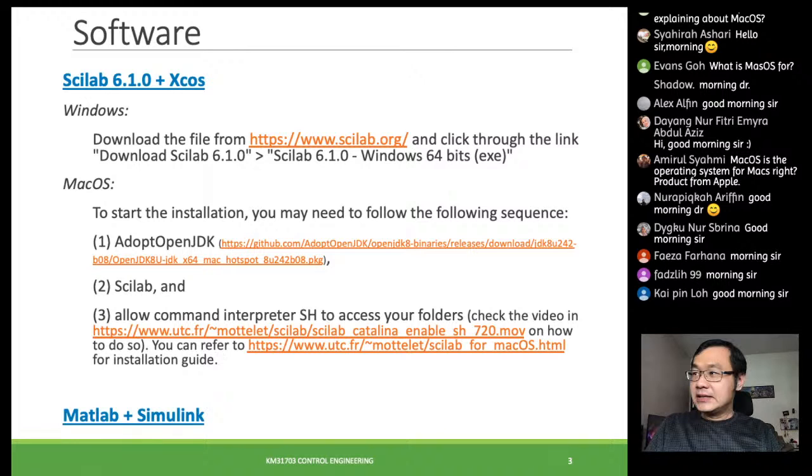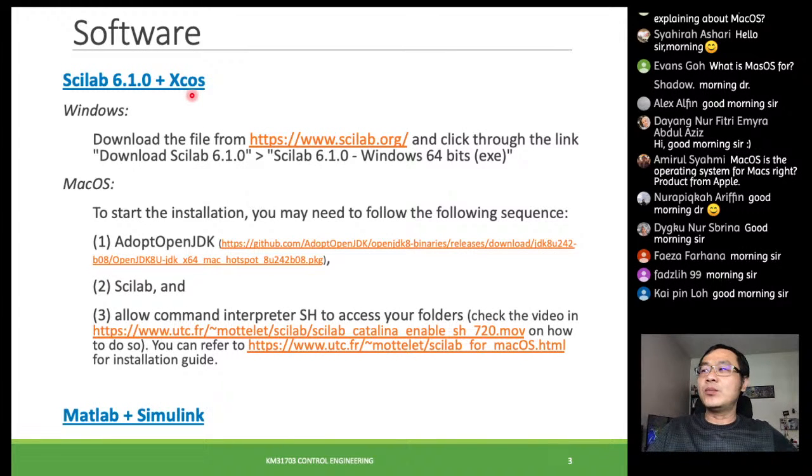So now, as mentioned, there was a question about what Mac OS is for. Alright, okay. So this is a software called Scilab. The latest version that I have seen, if not recently, is 6.1.0.